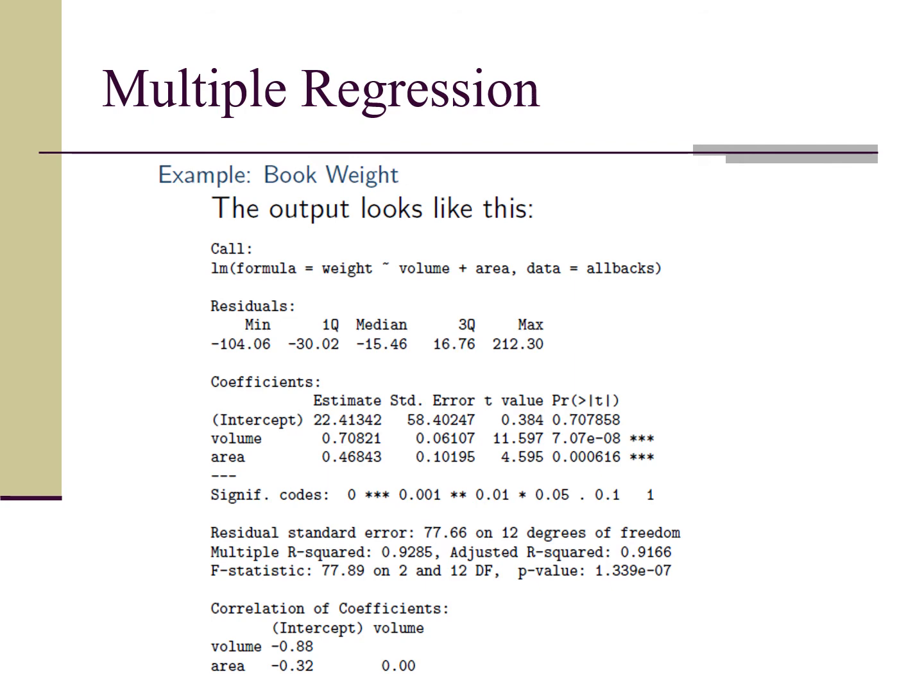So, as we go down below the significance codes, you see a line there. It says the multiple R-squared is 0.9285, which is a very highly correlated result. And then when we adjust for the degrees of freedom, it's slightly less, but it's still quite significant.